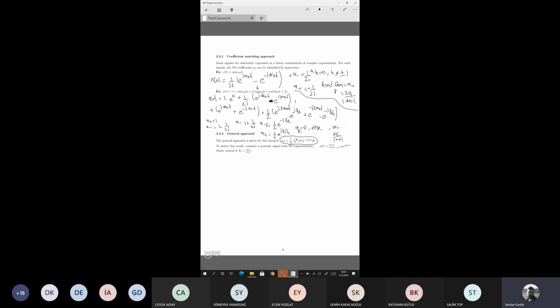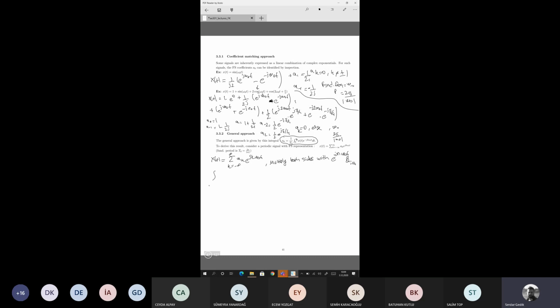First, let's start with writing x of t. This is the general form, and the ak are the Fourier series coefficients. I multiply both sides with e to the power minus j n omega 0 t and integrate.